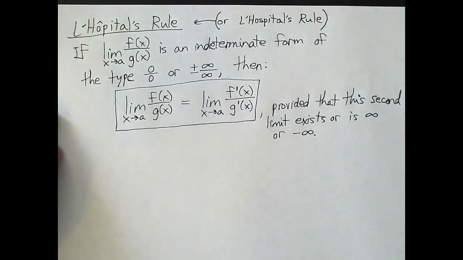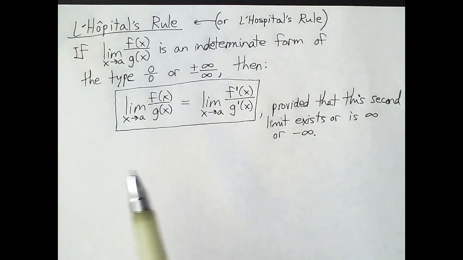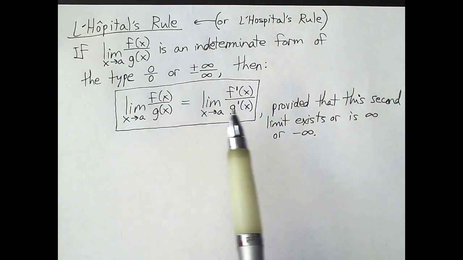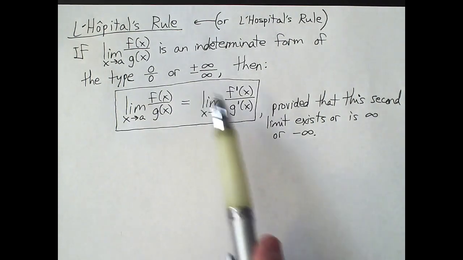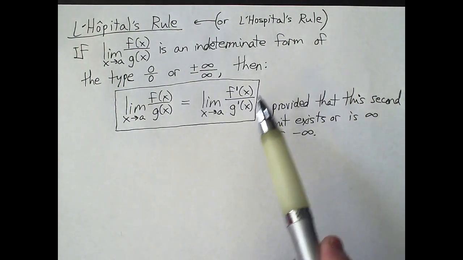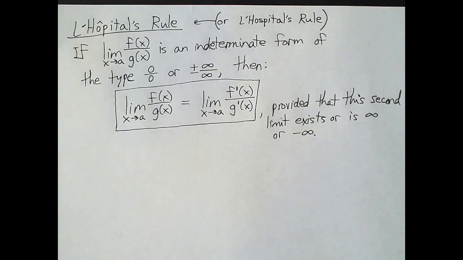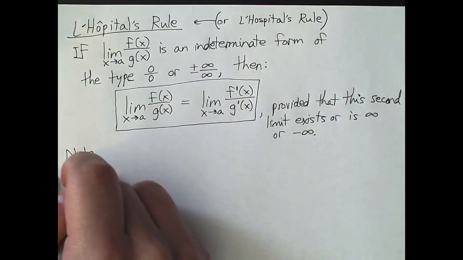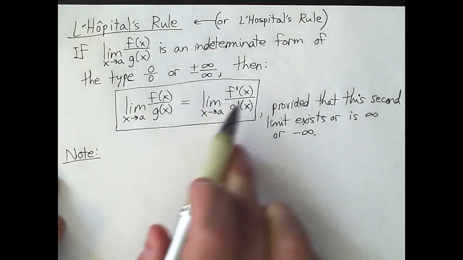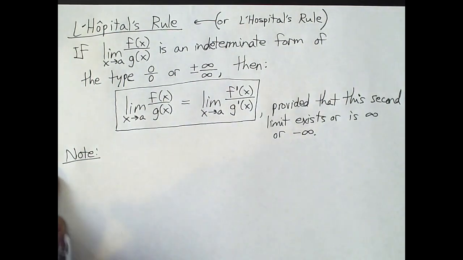But yeah, L'Hopital's rule tells us that if you have one of these indeterminate forms, which seem pretty common with limit problems, a lot of limit problems are in these kinds of forms, that one way that you can solve them is actually you still have a limit. All right, the limit of this equals the limit of that. So you still have limit as x goes to a, but you take the derivative of the top and derivative of the bottom. And that's not very hard to remember. I mean, derivative of the top, derivative of the bottom. It's not a complicated formula.